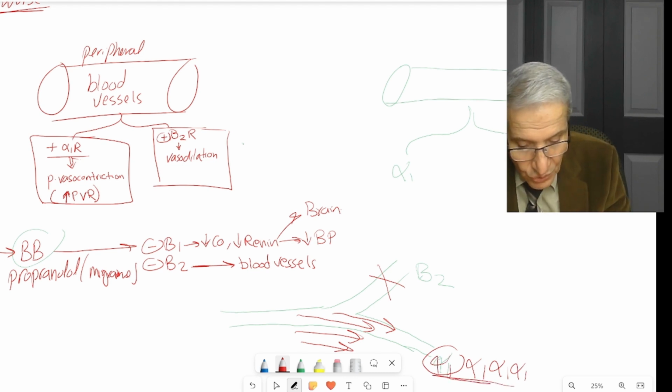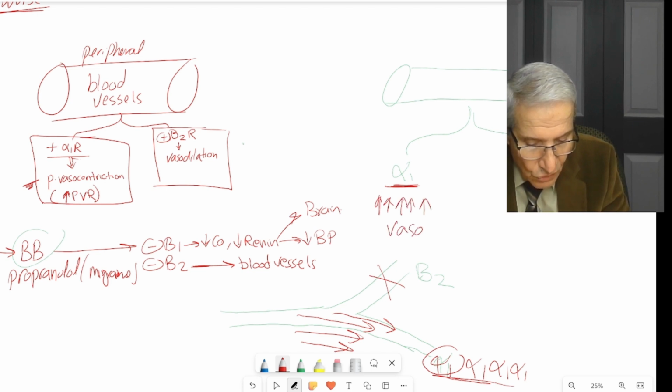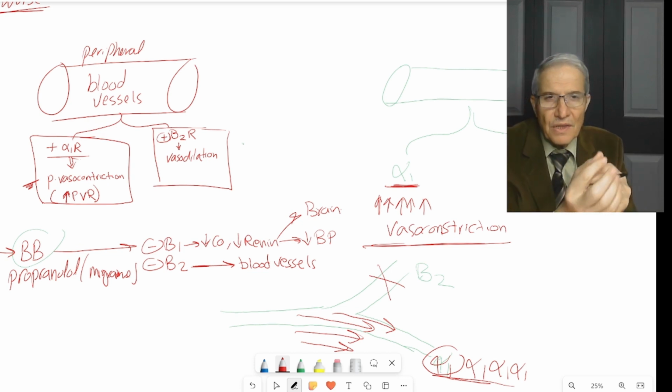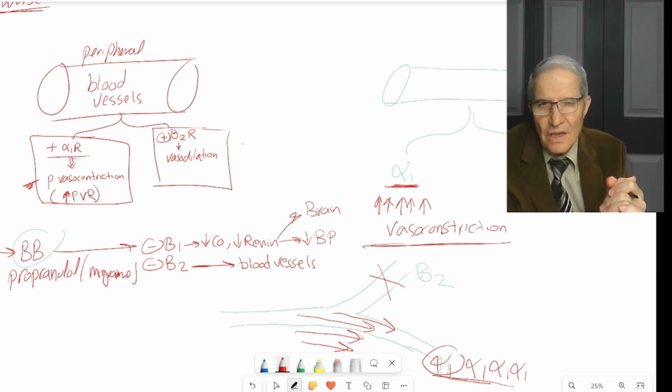When you activate alpha 1, what happened to the blood vessels? The result will be increased risk of vasoconstriction. Here we are talking about peripheral vessels in the fingers, in the hands, in the extremities.